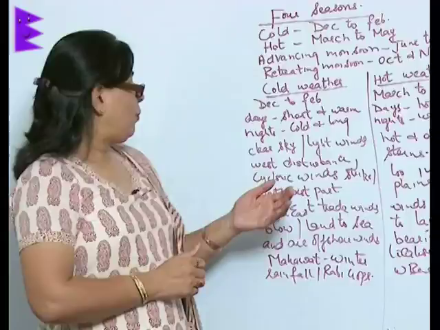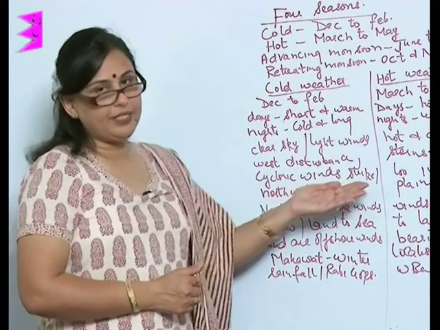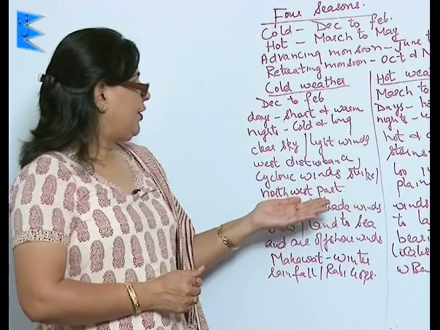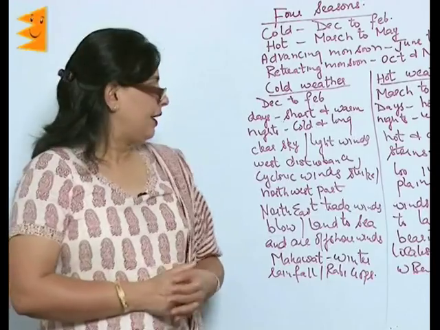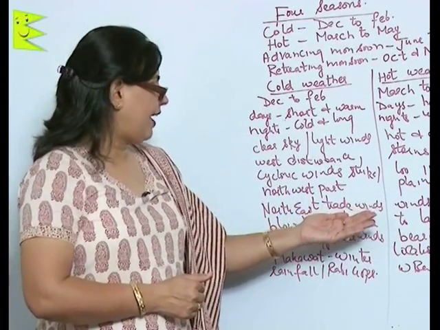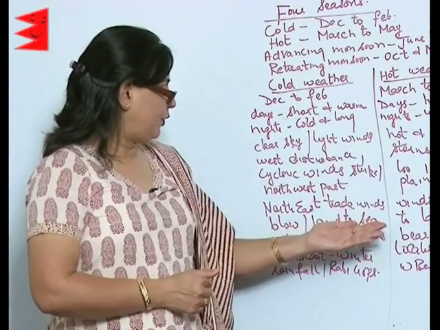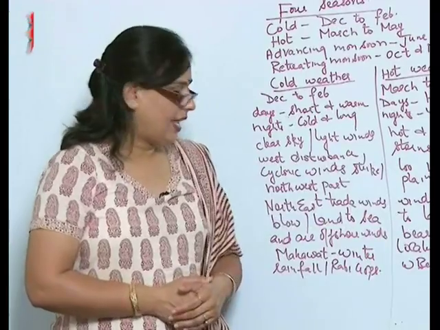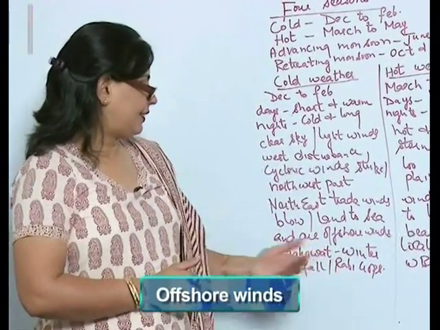Well, the westerly disturbances and the cyclonic winds keep striking the northwestern part of India during the winter season. And we also see that the northeast trade winds blow here, which blow from land to sea and are called the offshore winds.